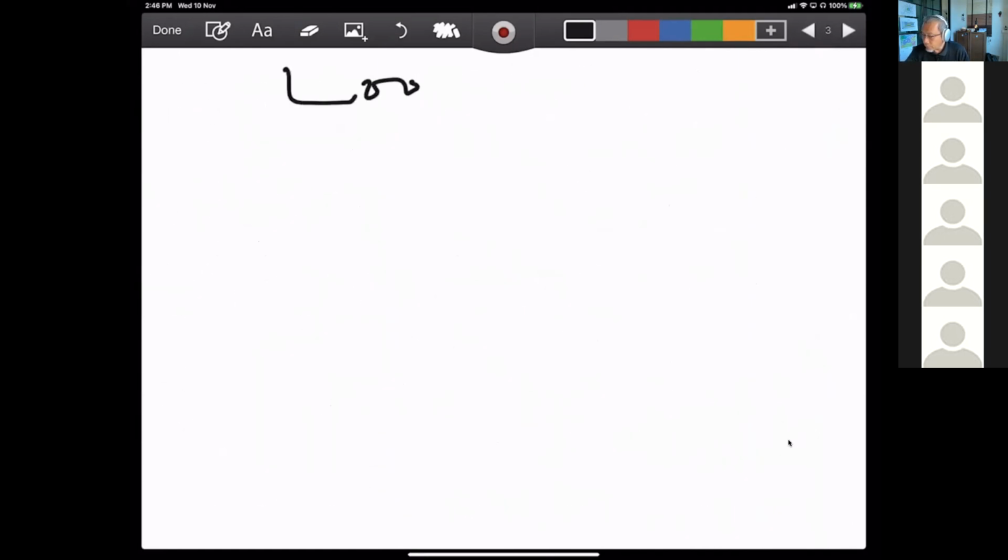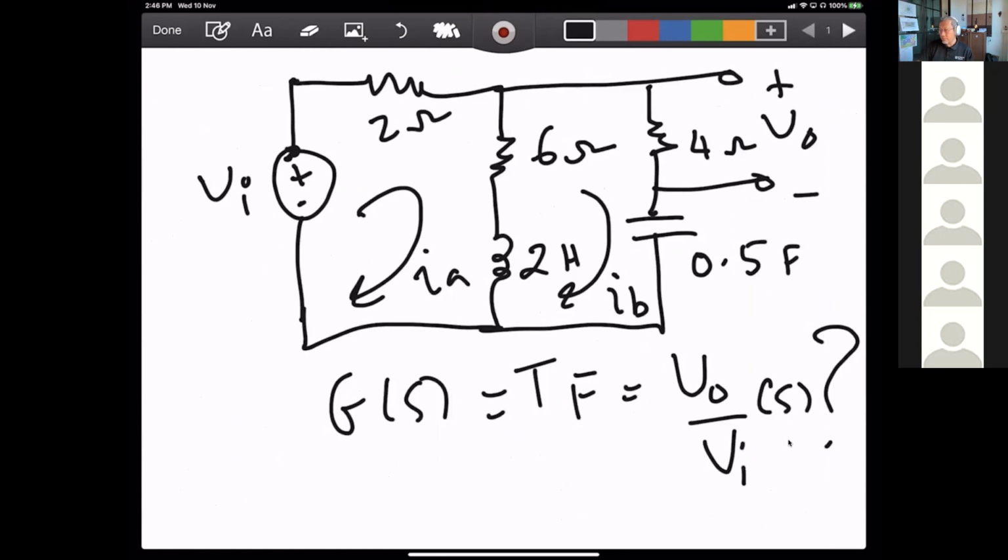Loop 2. 6 times (IB minus IA), multiply by 6.